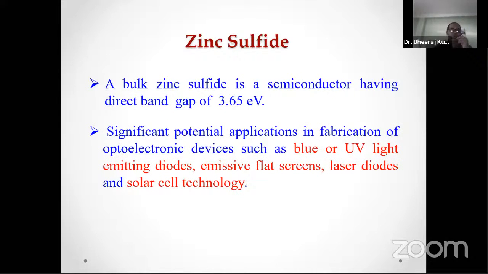So we have chosen zinc sulfide material here. Usually, bulk zinc sulfide is a wide direct band gap semiconductor having 3.65 electron volt.